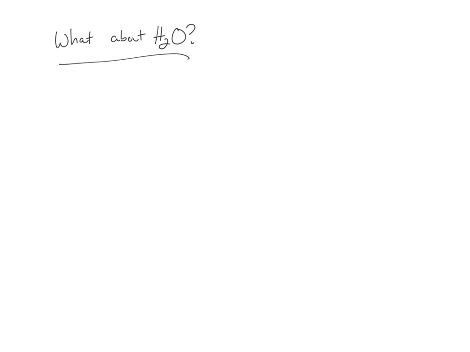All right, so remember, we're going to have to draw out 2 hydrogens and 1 oxygen. And by drawing it like this, I'm hoping you could see where they're going to bond to one another.